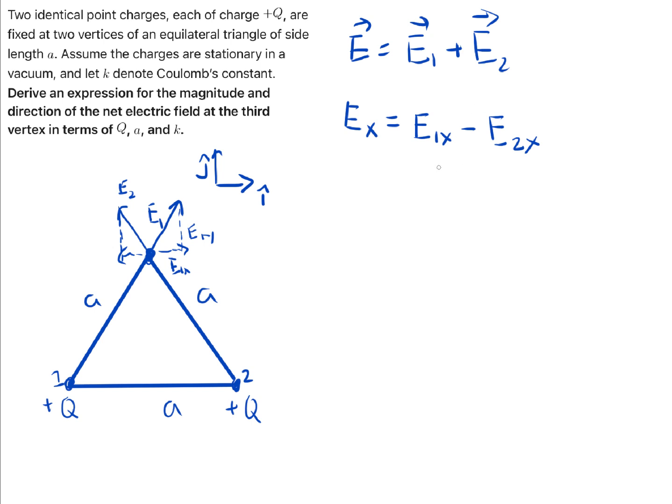To be more explicit about why they are equal, let's do some trigonometry. Let's call this angle theta. Since this is an equilateral triangle, all of these angles will be theta. From that, we get that this angle will also be theta, and this angle here is also theta. This is just from geometry.